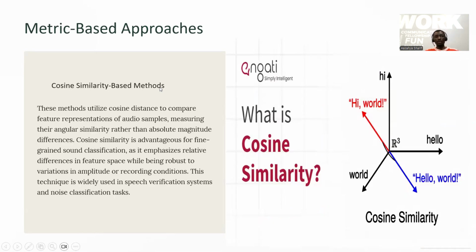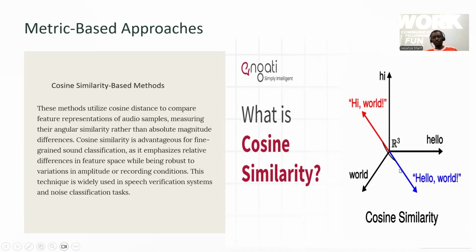The cosine similarity based methods. Here we are mainly concerned with the angular similarity between the two sets. For instance, in our image we have hi world and hello world. So we calculate the angle between them.